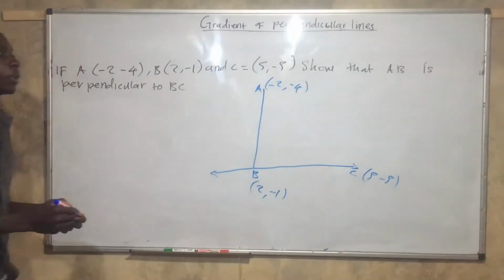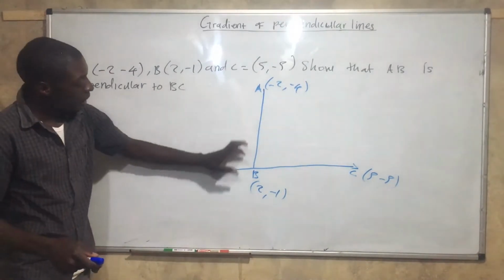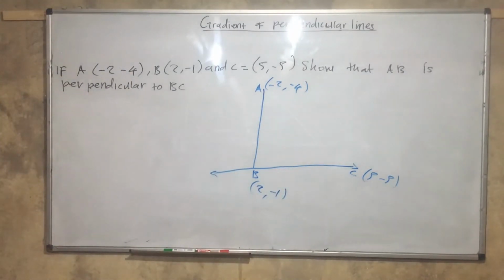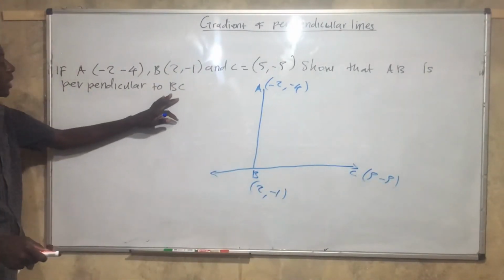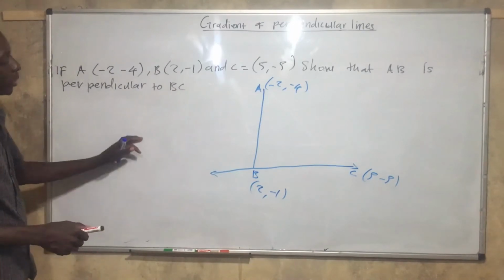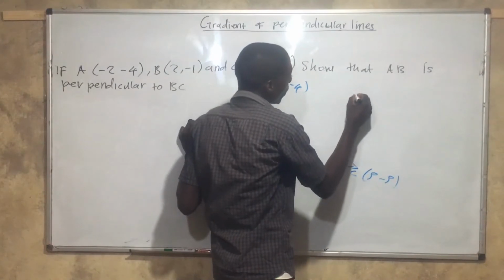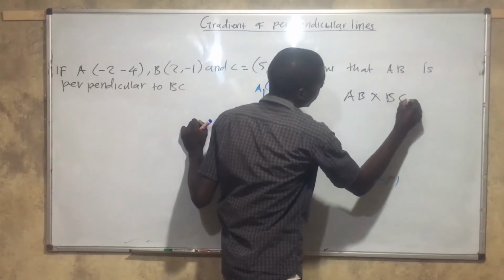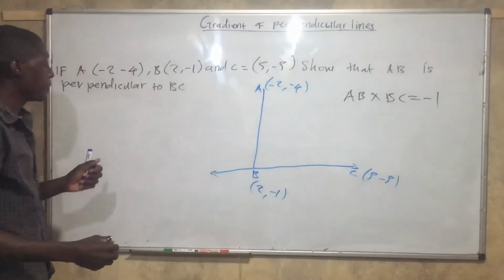Those are the points we have, and we are told to show if line AB is perpendicular to BC. So we are going to use the gradient formula, finding the gradient of AB and the gradient of BC, and show if multiplying them gives us negative 1. If it does, then these two lines are perpendicular.